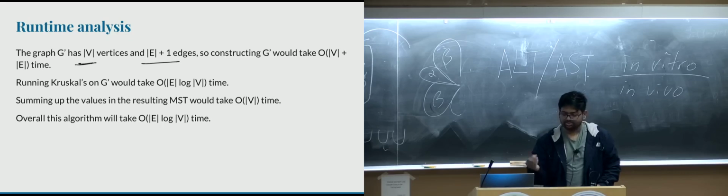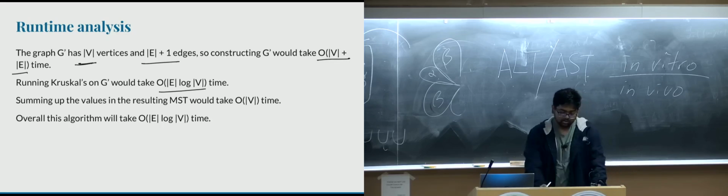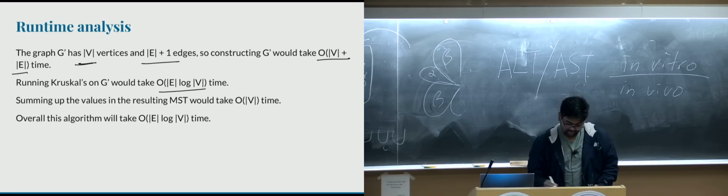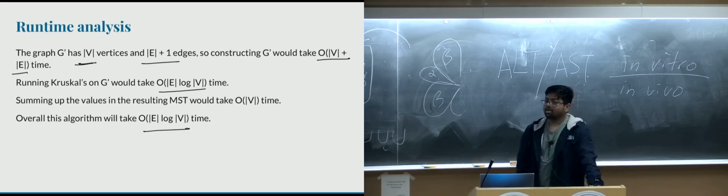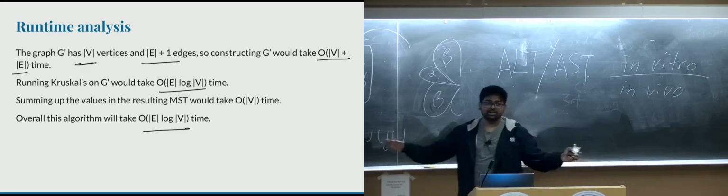Vertices still remain the same. So constructing it would be O of V plus E. Kruskal is as usual E log V, and adding everything we get this property here. Is it clear? Any questions, anything?